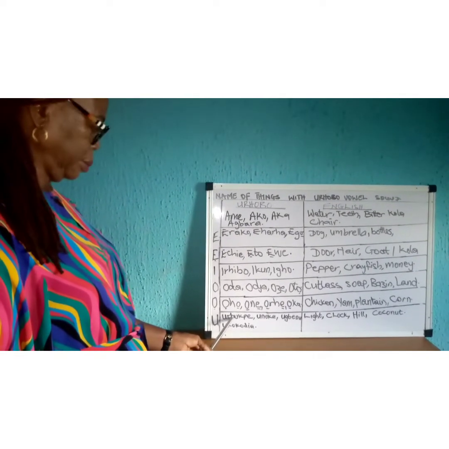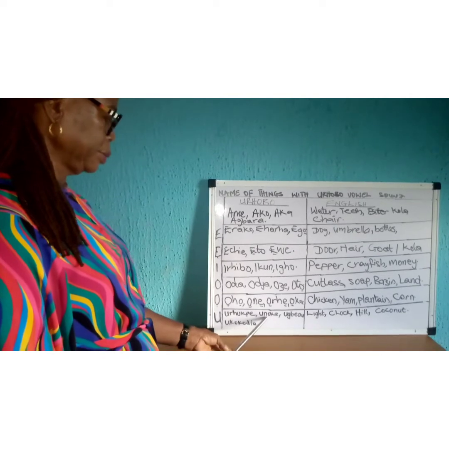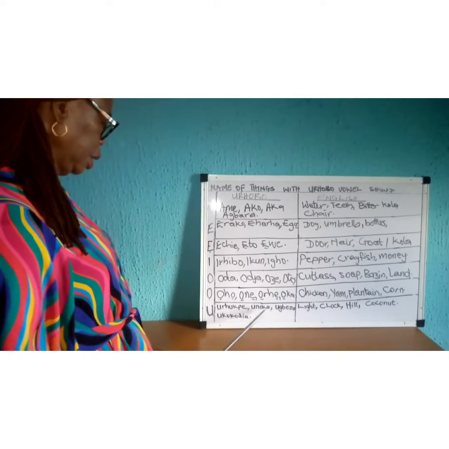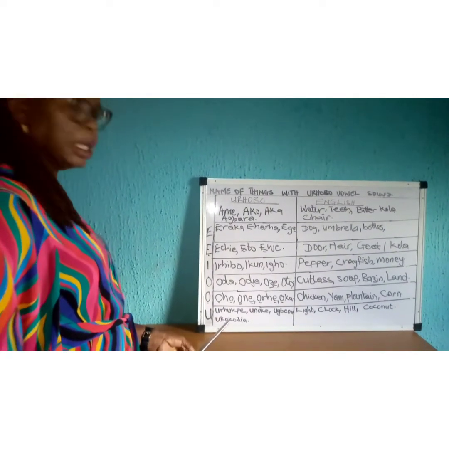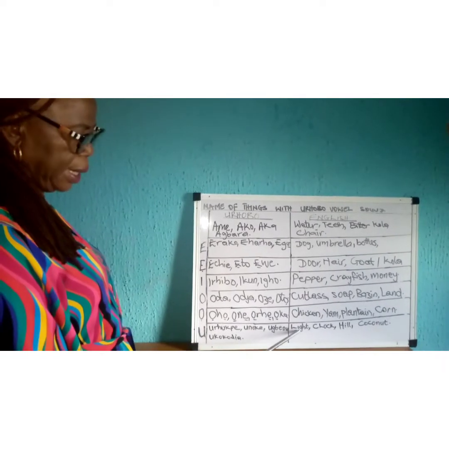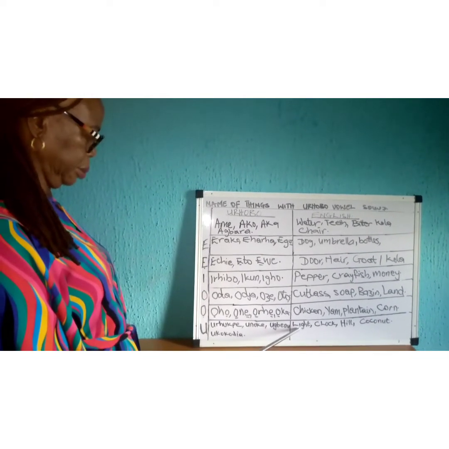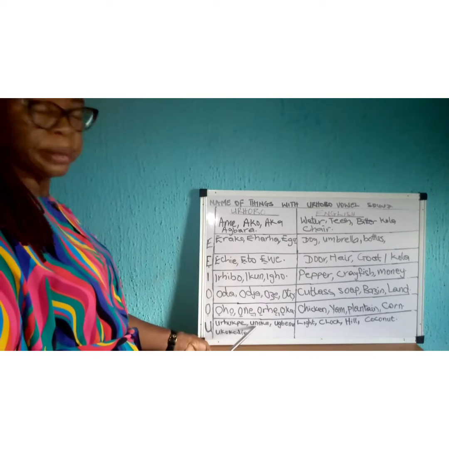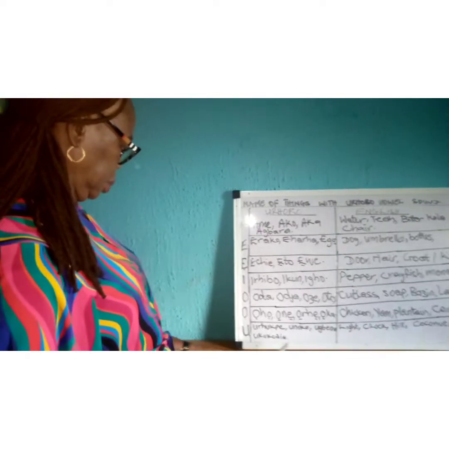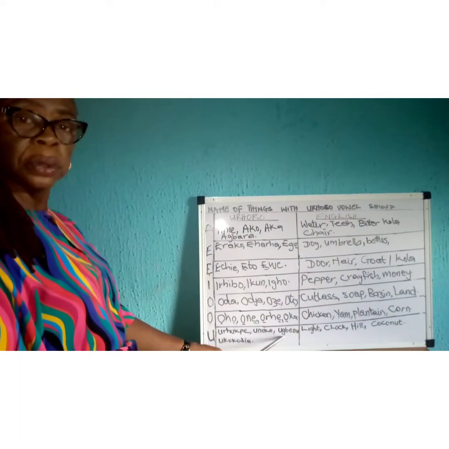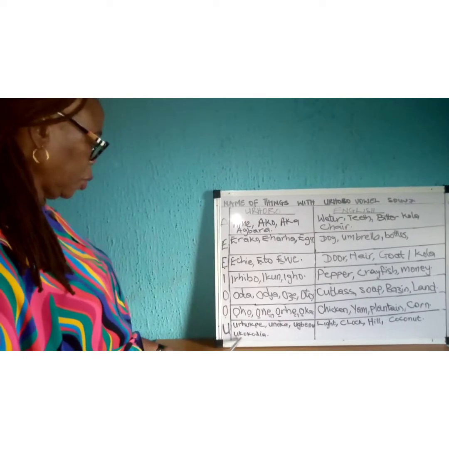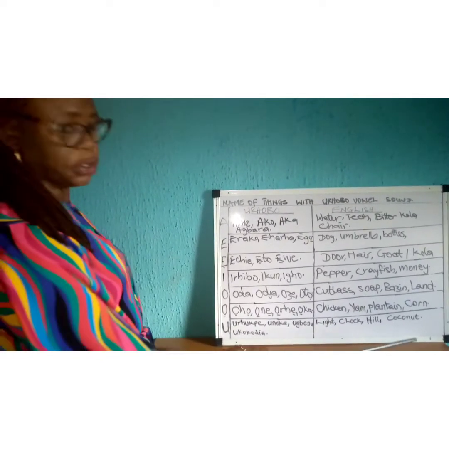Now, Urukpe is light. Unoke is clock. Ugbenu is hill. Ukokodia is coconut.